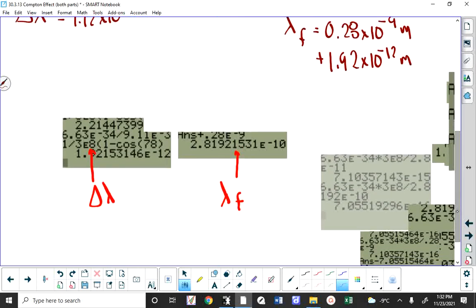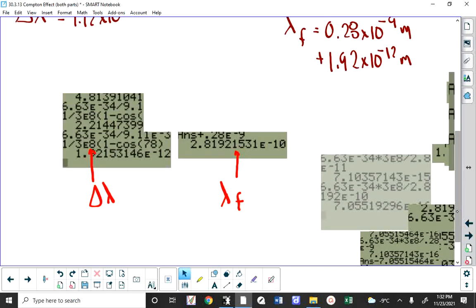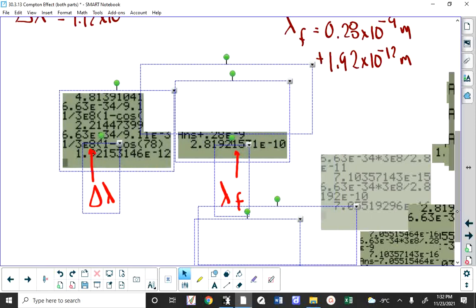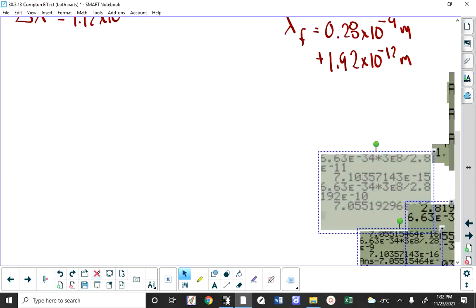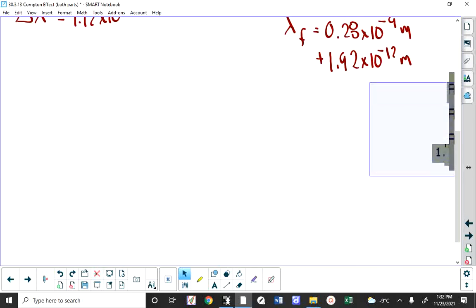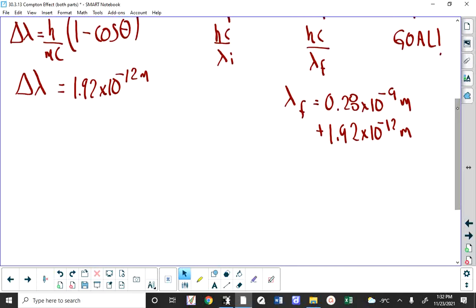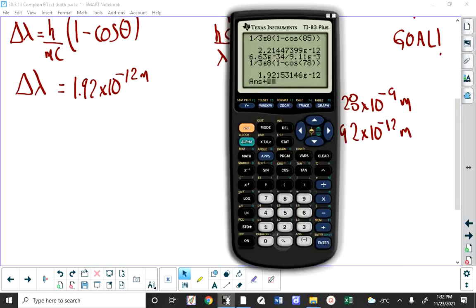I got to get rid of all this garbage at the bottom of my screen. So lambda f is now known to us. .819 times 10 to the negative 10.